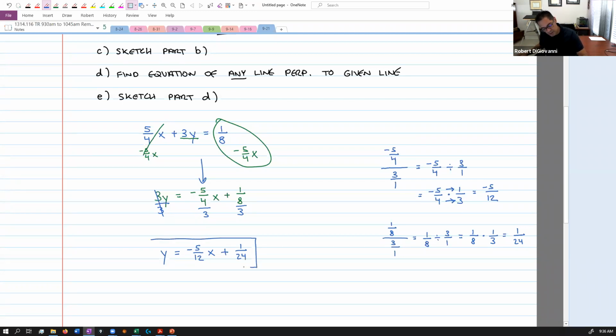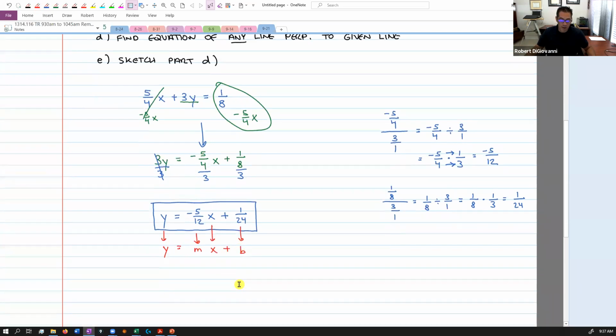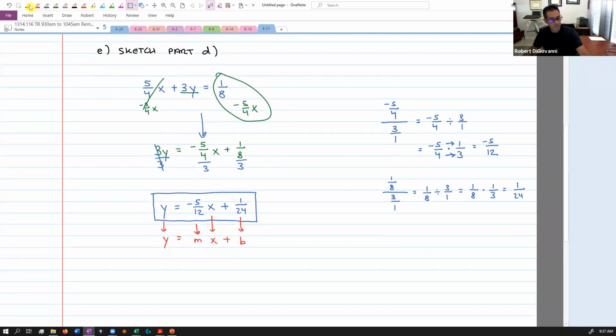Okay, this is the equation of the line. I haven't graphed it yet, but I want everyone to make sure you understand that this looks like y equals mx plus b. And that right there is the slope intercept form of a line. We know just by looking at this that this positive 1/24 is my y-intercept.